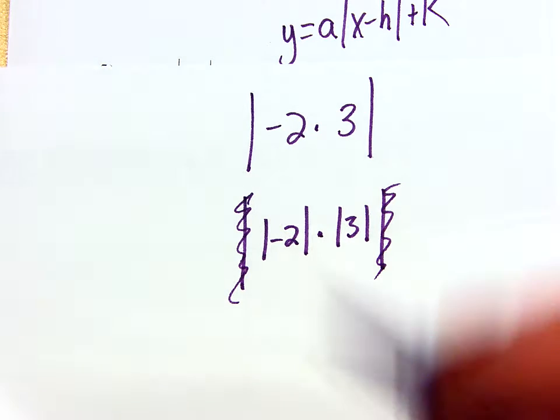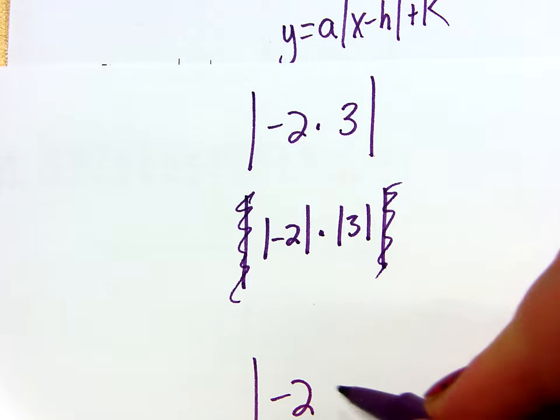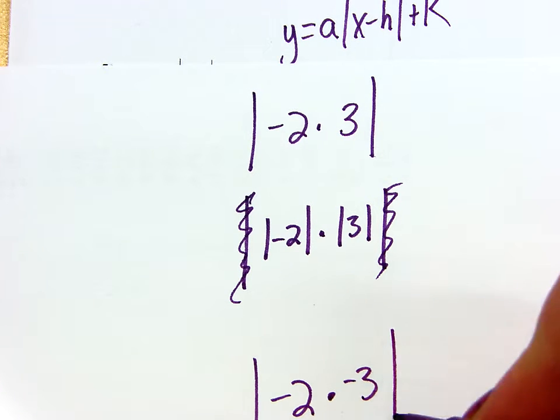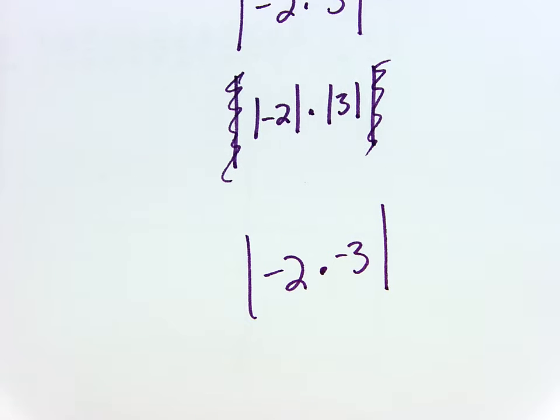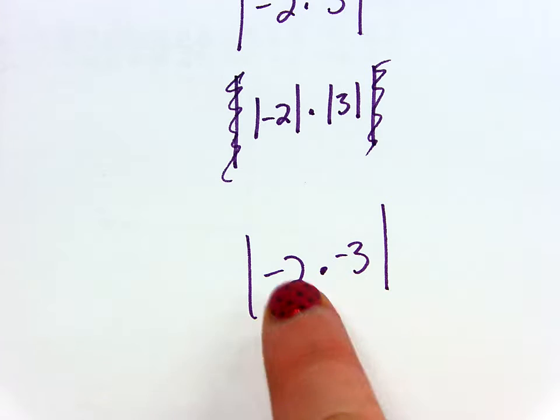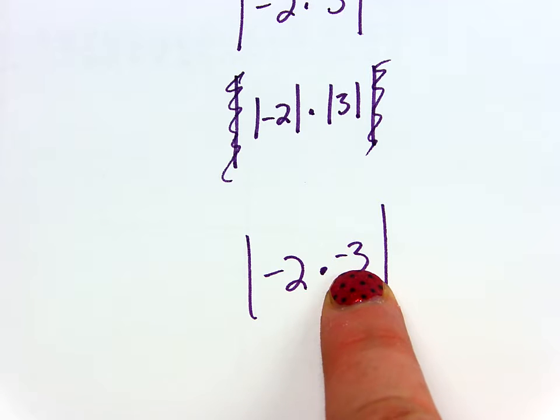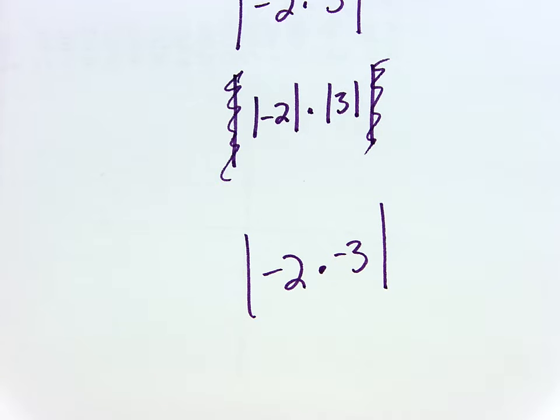Yes, as long as it's multiplication. Think about it. Even if it was 2 negatives you were multiplying together. Negative 2 times negative 3. That comes out as a positive 6, right? Would it make any difference if I took each one's absolute value separately and then multiplied them? No, as long as it's multiplication. If it's addition or subtraction, the property doesn't hold.